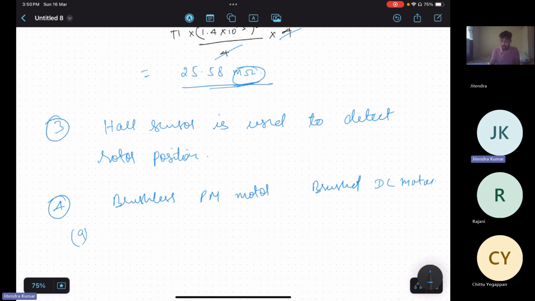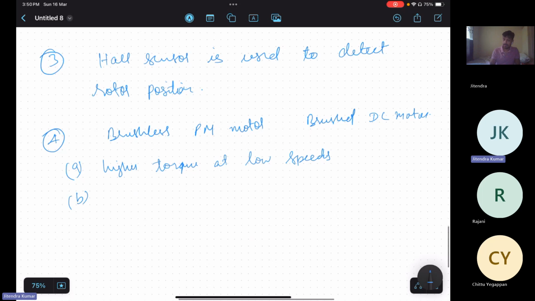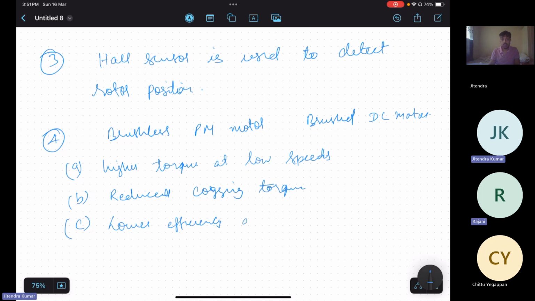The options are: higher torque at low speed, reduced clogging torque, lower efficiency due to complexity in control, D, all of the above.